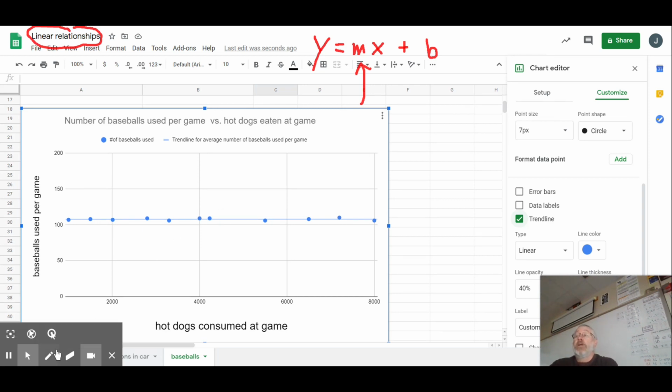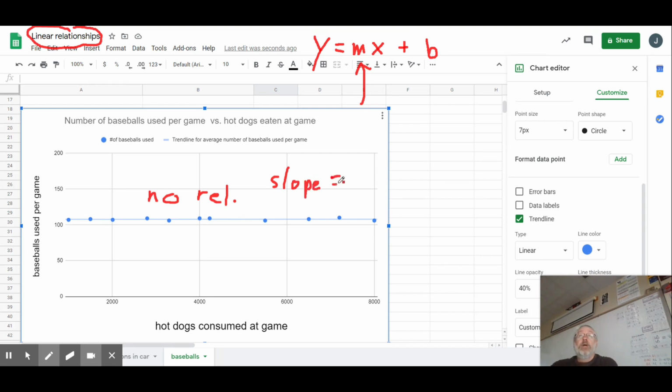So in this particular case, we would say that there is no relationship between the number of hot dogs that are eaten in a baseball game and the number of baseballs that are used. So in this case, the slope is 0. There is no rise over run in this case. So that's one thing to keep in mind, okay?